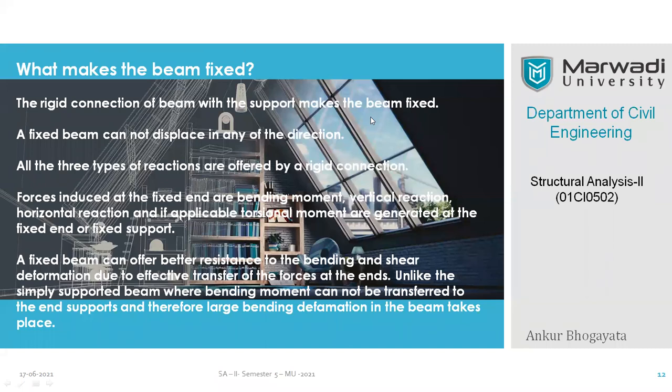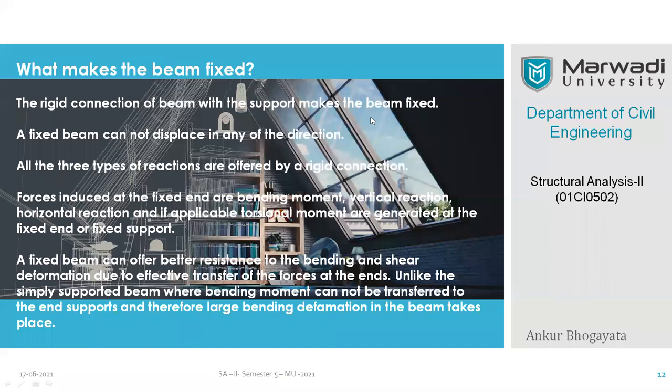So the forces induced at the fixed end are bending moment, vertical reaction, and horizontal reaction. And if applicable, torsional moments are also generated. If you apply torsion on the beam, torsional reaction is also offered by the fixed support because it is rigid, completely zero movement.